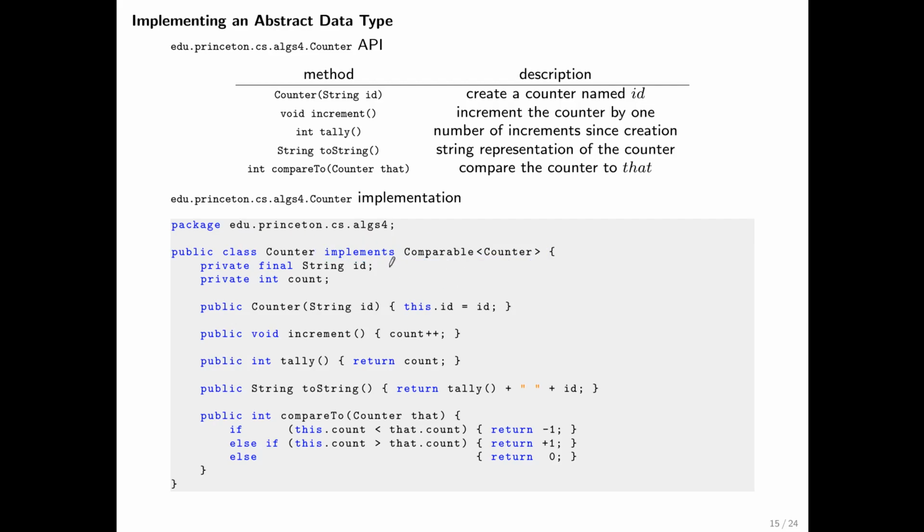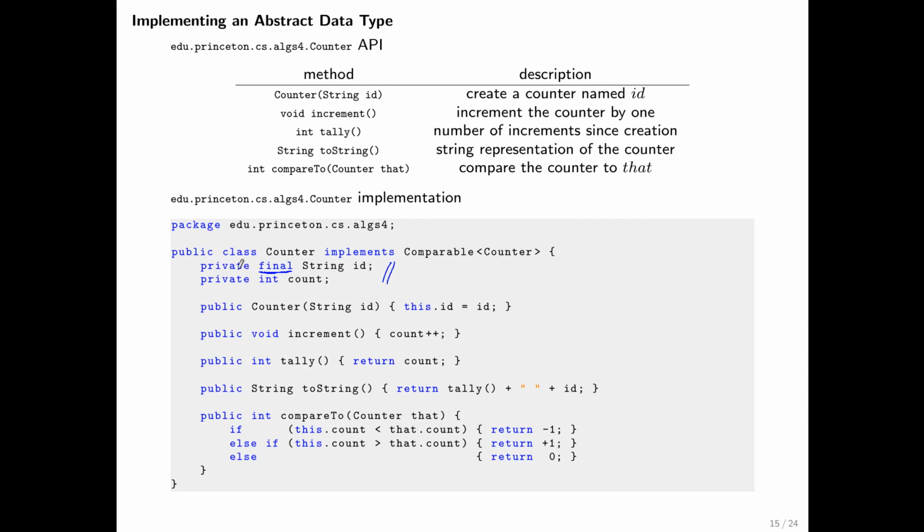Okay, so here are the instance variables for the Counter data type. You have the string ID. We have declared it to be final, which means that it can take on a value only in the constructor and nowhere else. So you can assign it a value only in the constructor and in no other place. And that's how the final keyword works.